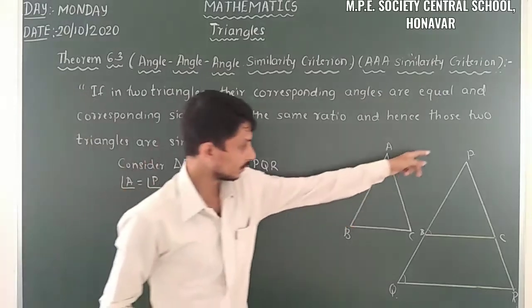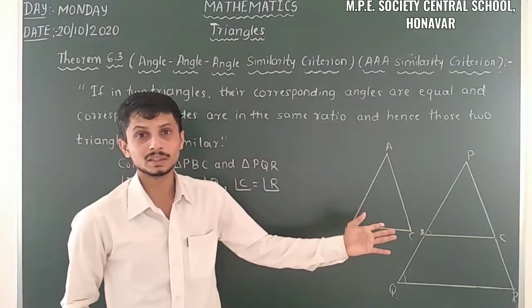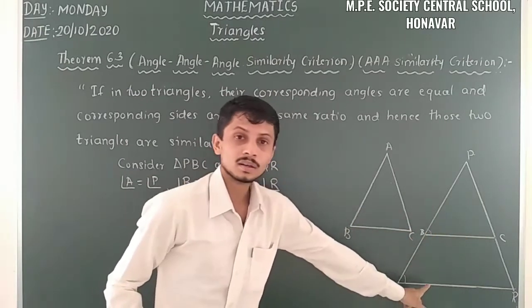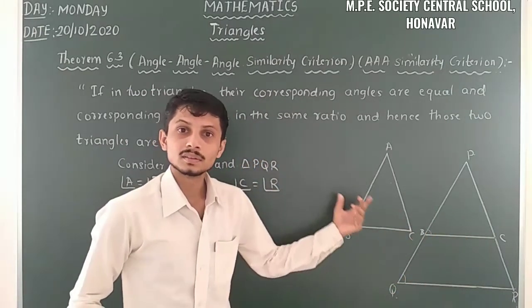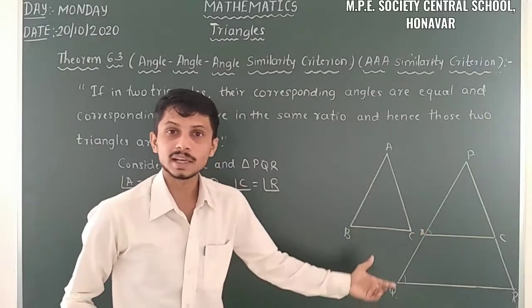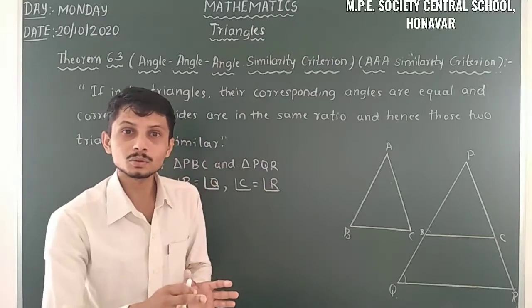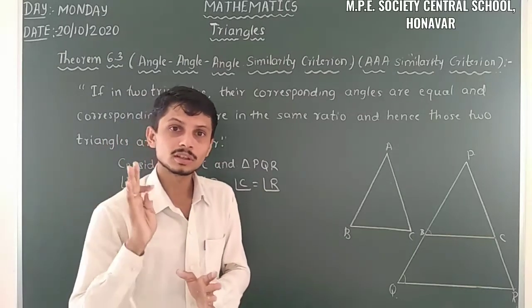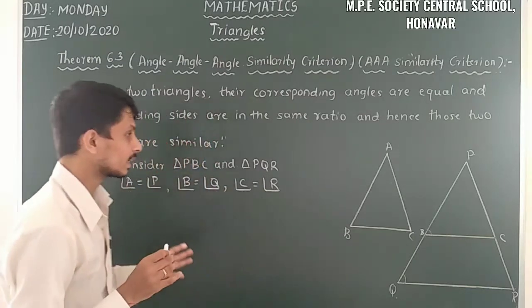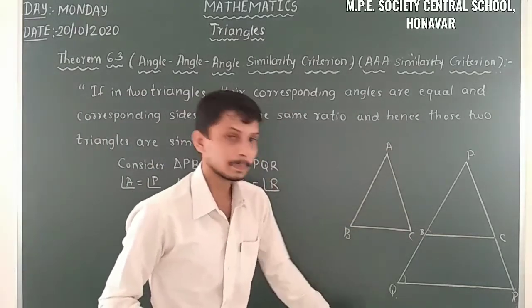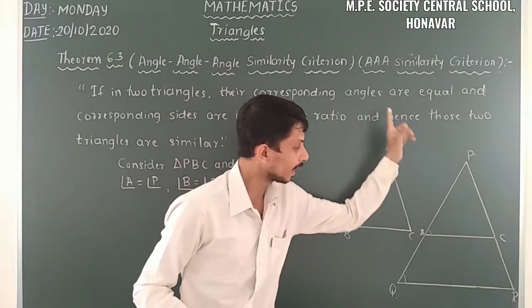proportional. Here we have the condition, that is theorem 6.1: if a line is drawn parallel to one side and intersecting the other two sides at distinct points, then the line divides the other two sides in the same ratio. So that condition we have to take here. Here I am considering PB by PQ and PC by PR.